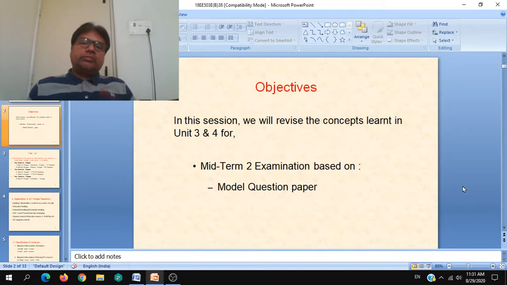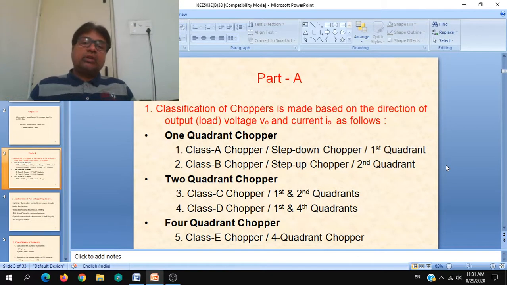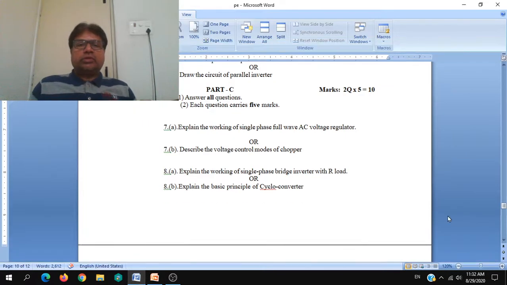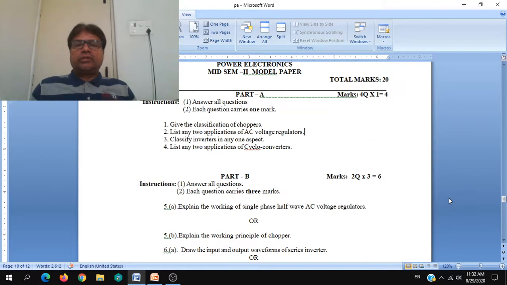So in this session particularly we will revise the concepts learnt in units 3 and 4 for the midterm 2 examination based on the prescribed model question paper in the curriculum. The other question paper patterns we already know, and also in the last session we have discussed it. Now we will go through the questions and answers for this session.